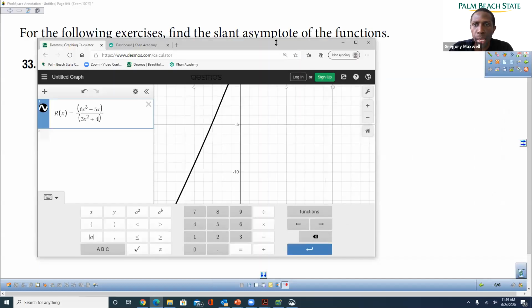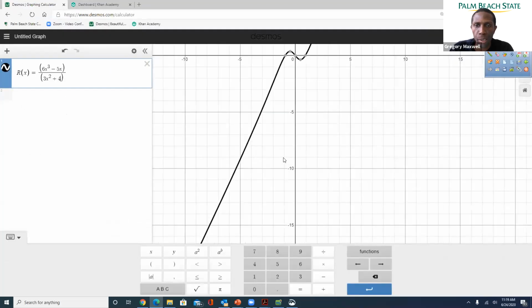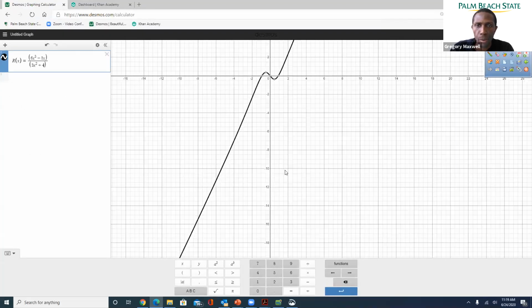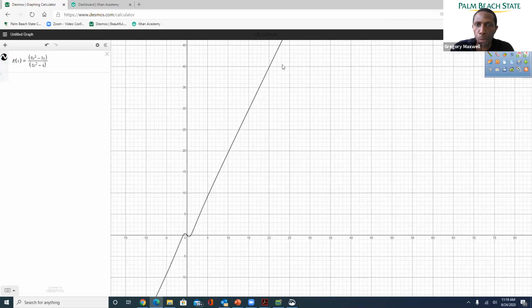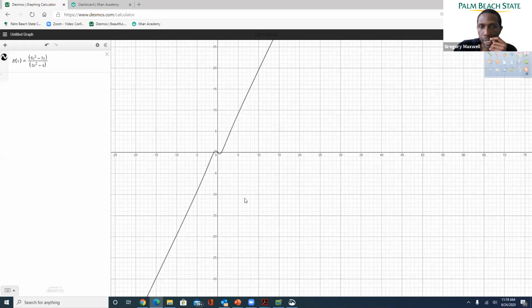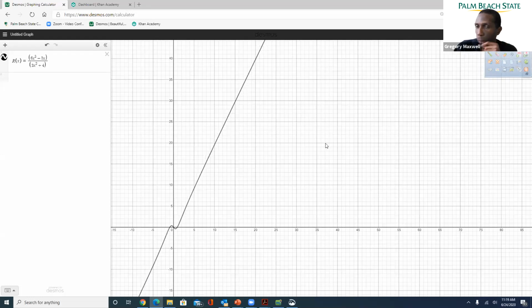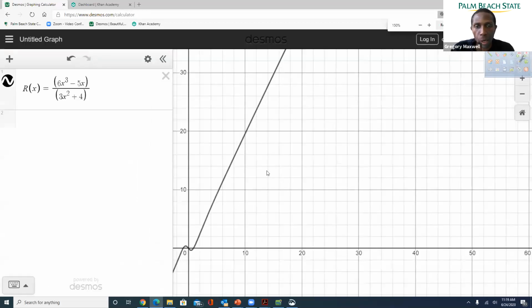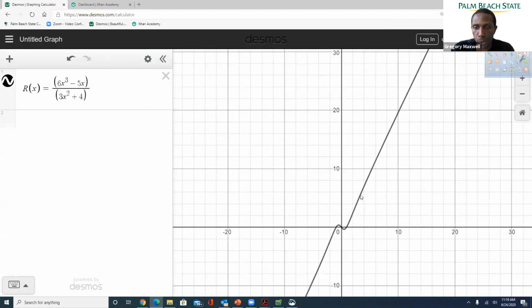When you look at that graph, you see that the graph goes upward as you go to the right and downward as you go to the left. So you'll say as x goes toward -infinity, y goes toward -infinity. And as x goes toward +infinity, y goes toward +infinity. And as you can see, it's leveling off on a line eventually. We don't know what the equation of that line is yet.